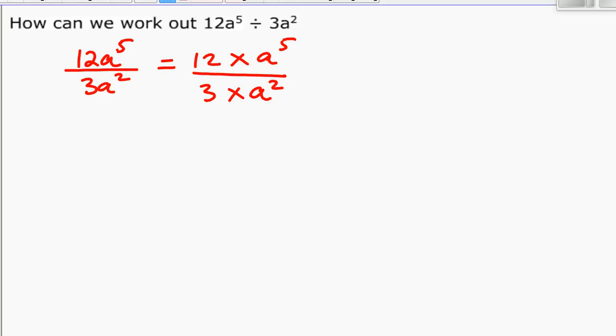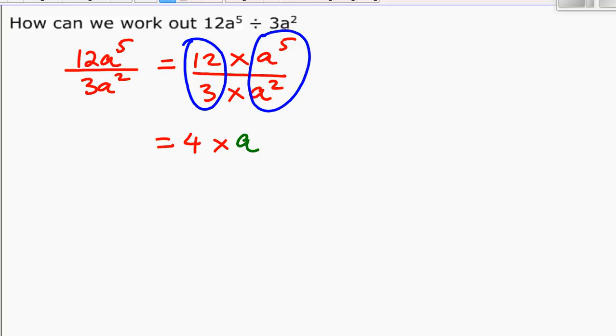Now I'm going to focus on these separately. 12 divided by 3 is 4, not a problem. Now here, because we are dividing, you are going to subtract the exponents or the powers. So we'll have a to the power 5 minus 2, which will give us 4a to the power 3 as our final answer.